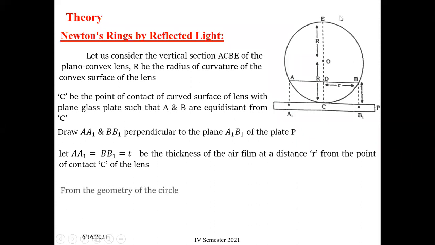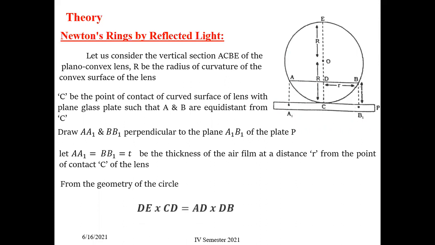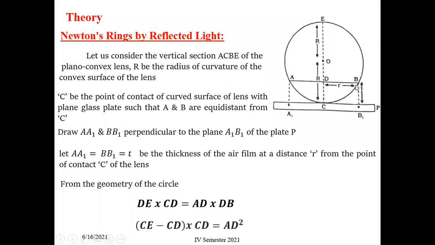Then from the geometry of the circle, you can easily write that DE into CD equals AD into DB. As per the geometry of circle, you can write that ED into CD equals AD into DB. Then what is DE?